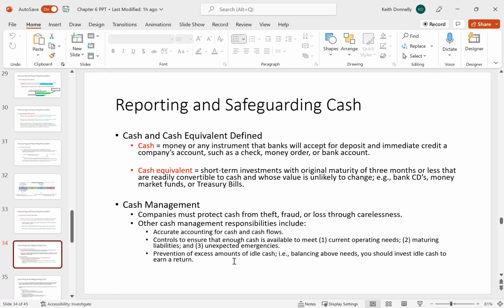So likewise, the other thing with cash that's important is you have to have the appropriate amount, right? You need to have enough to run the business. You need to be able to pay off your liabilities as they come due. Also have to have an emergency fund, right? It's just like personal financial planning. You have to be able to have the right amount that you can live your life, but also be fiscally responsible.